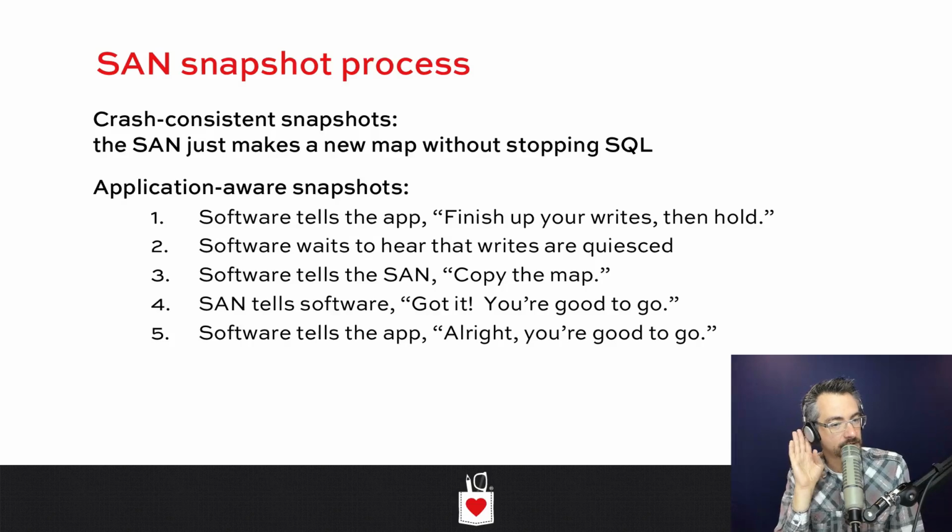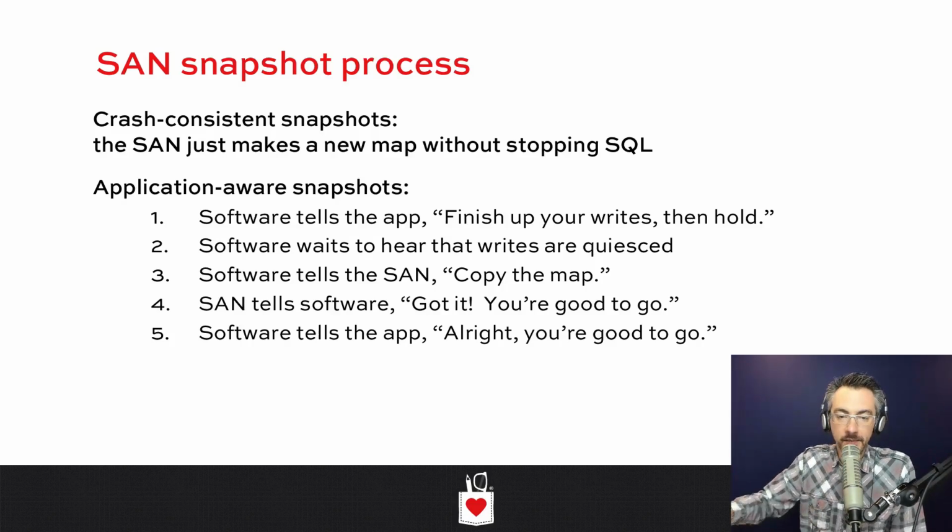SQL Server hears this and freezes, cleans up its writes and says, okay, you're good to go. I've done kind of a graceful stopping of writes. If I attach this database now, it'll look nice and clean and I'll be able to recover. Storage takes a copy of the map, then tells Windows and SQL Server, you're good to go.